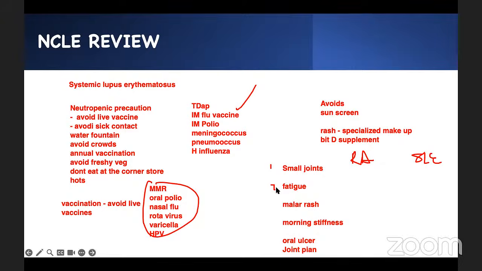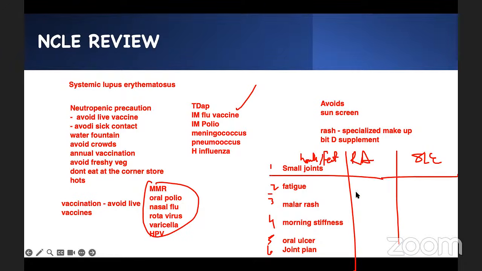This is 1, 2, 3, 4, 5, 6. And if you have to compare small joints, basically hands and feet, right? So which one belongs to which one?